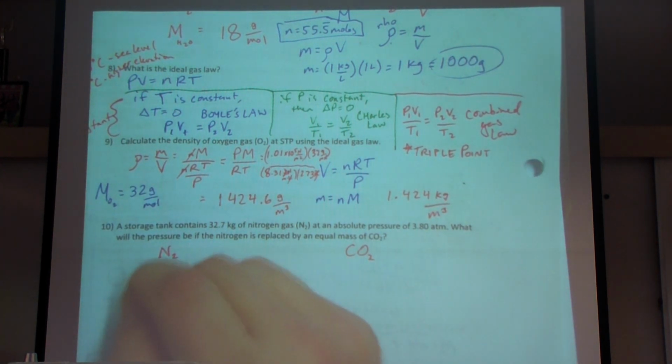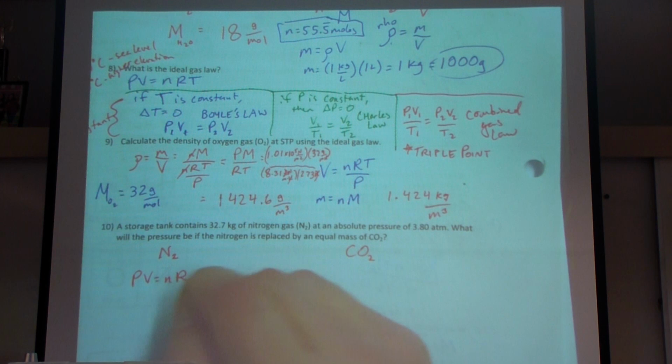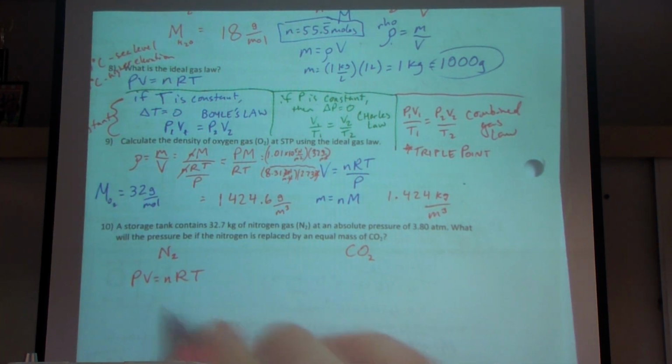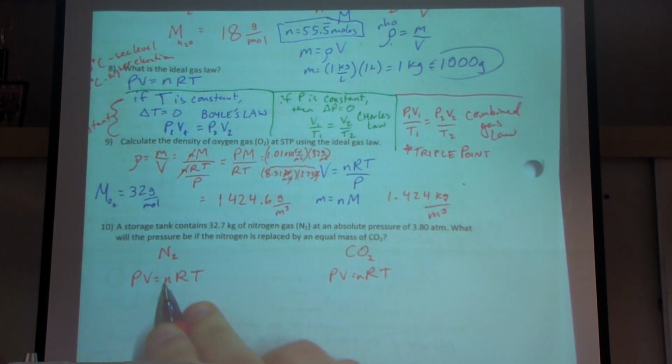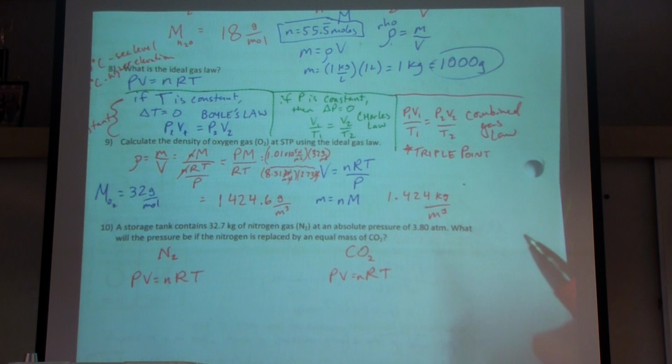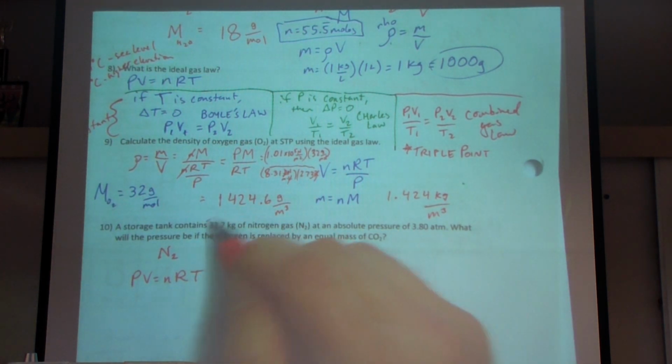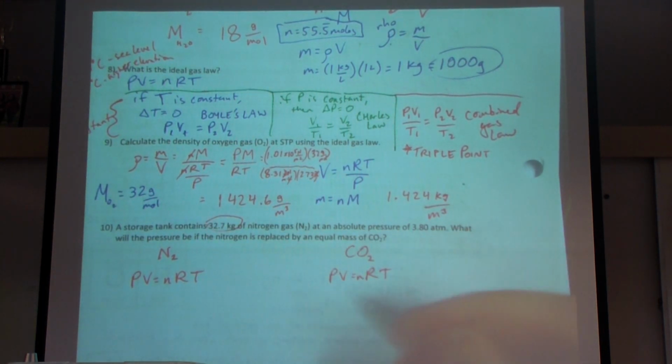The problem is, in the ideal gas law, there's no mass included, right? Mass comes into play when we talk about the number of moles. So we need to replace our number of moles with the actual mass, because that's what we're given here. So how do you go from mass to moles?